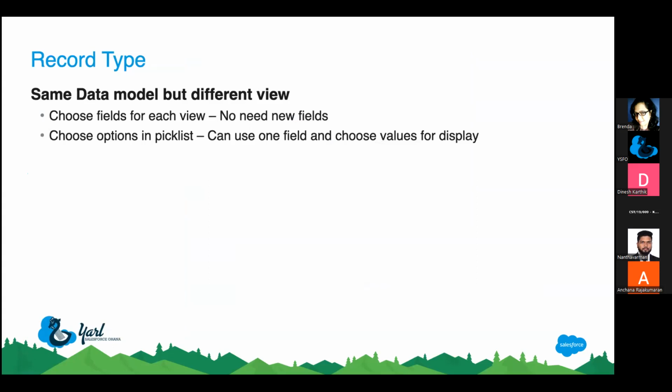When I explain about objects, let me take the contact object. If you take a university system, students and lecturers, both of them we are going to use the contact object, the same object. But we need to differentiate the lecturer and the student.